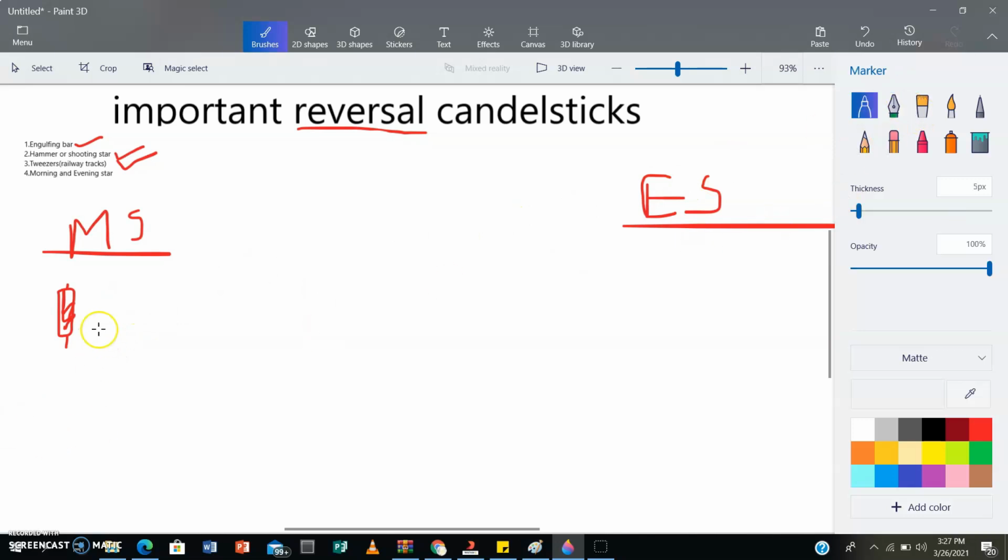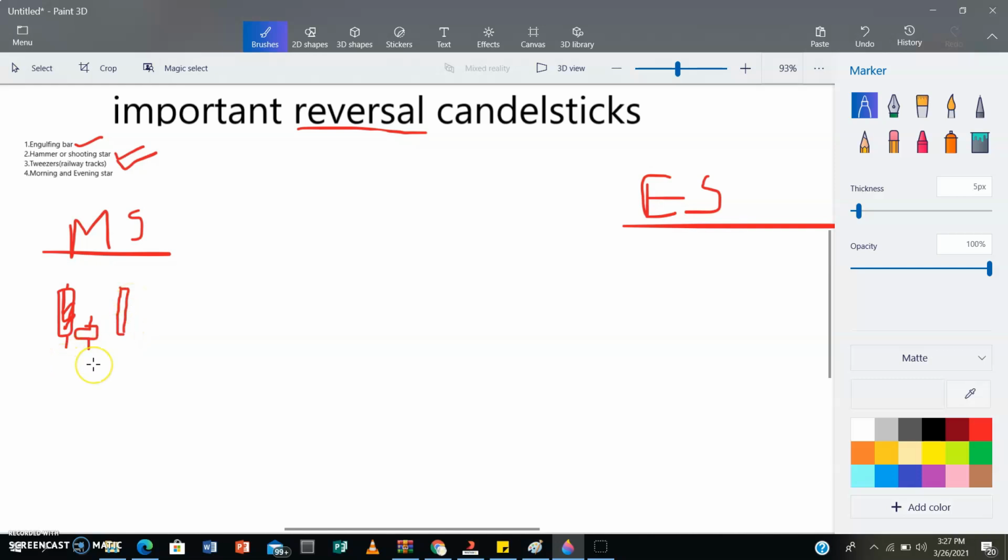So this is how the morning star looks. We have a bearish candlestick, a small candlestick, which can either be a doji or a very small bullish or bearish candlestick, and then a bullish candlestick.